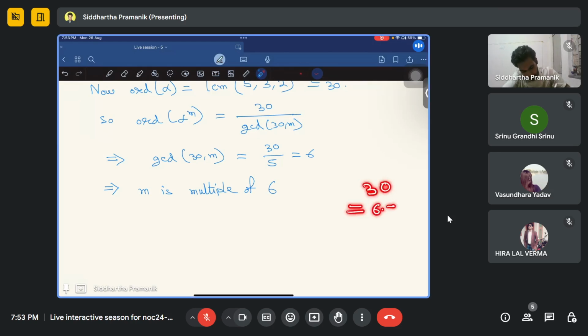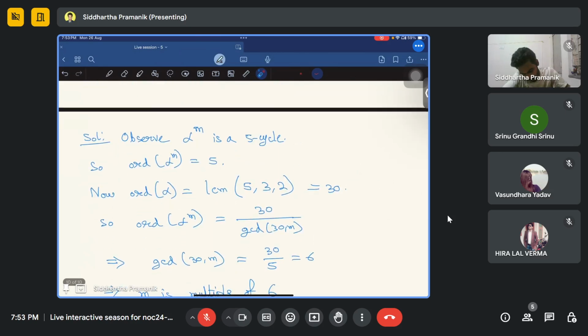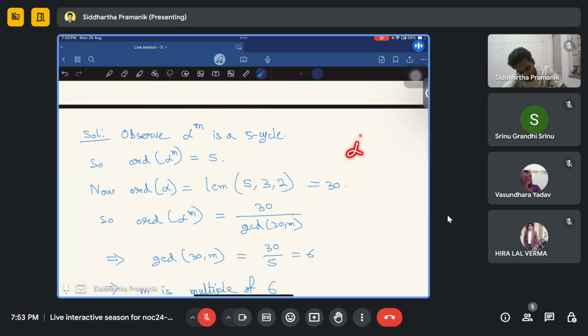It is 6 times 5. But can m equal 30? Alpha power m is a 5 cycle, so m cannot be 30, because alpha power 30 is the identity.